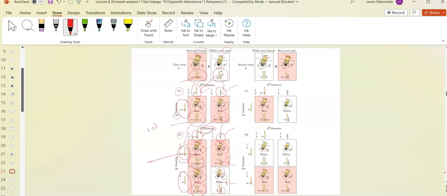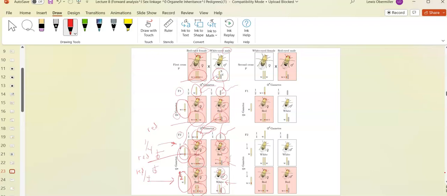This is half of the gametes, right? I don't like the way that this is drawn out in the text, but what this quarter is representing is 1/2 times 1/2 is a 1/4. So this 1/4 is going to be a red-eyed female, and then this 1/4 is going to be also a red-eyed female.